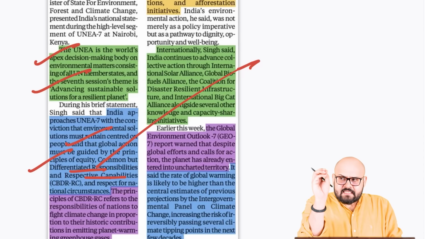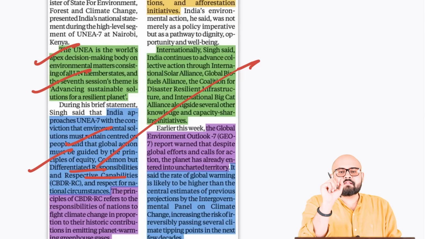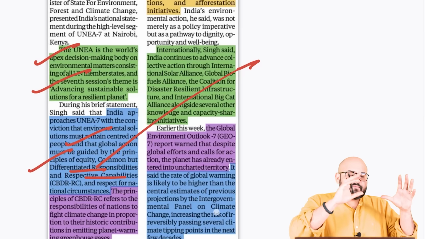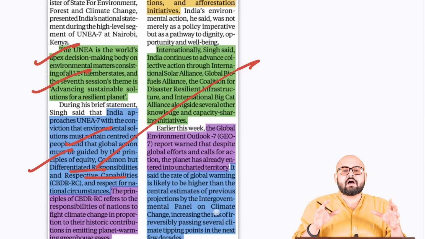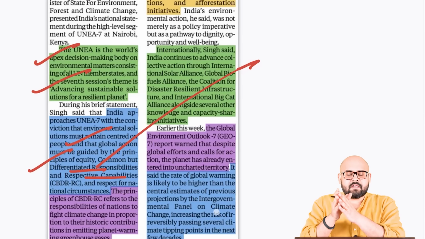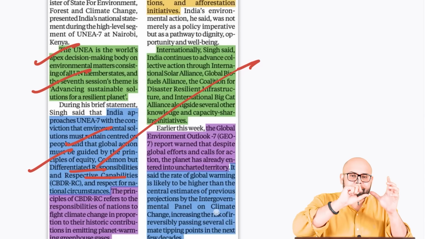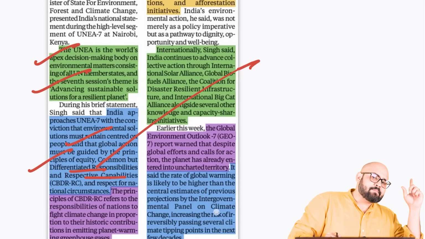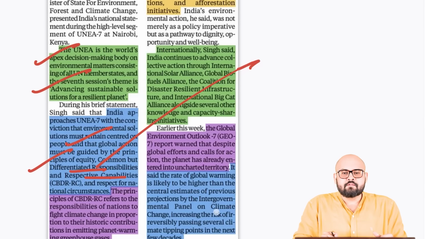But are the developing countries or the least developed countries primarily responsible for that? The answer is no. Because most of the ill effects of climate change which we are witnessing now are because of the kind of developmental models which developed countries have followed. So it's primarily their responsibility.